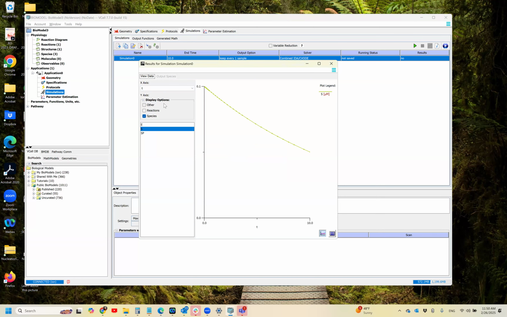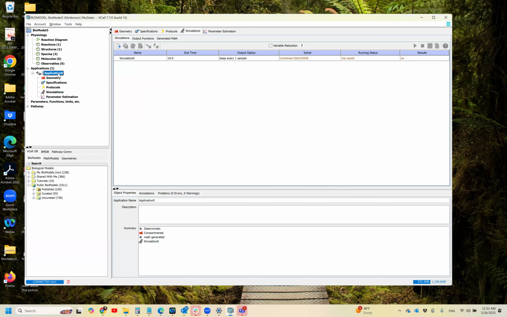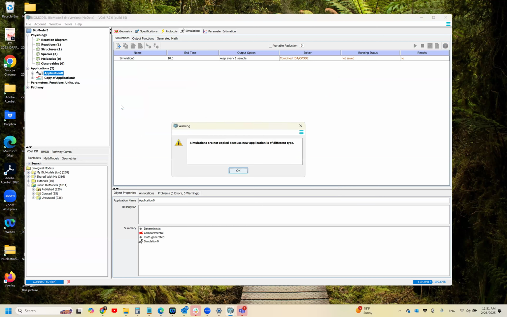And because of fluctuations in noise, some of these processes that are represented by differential equations may not correctly approximate the reality. And you can run the exact same model using a stochastic solver by just creating a stochastic application.